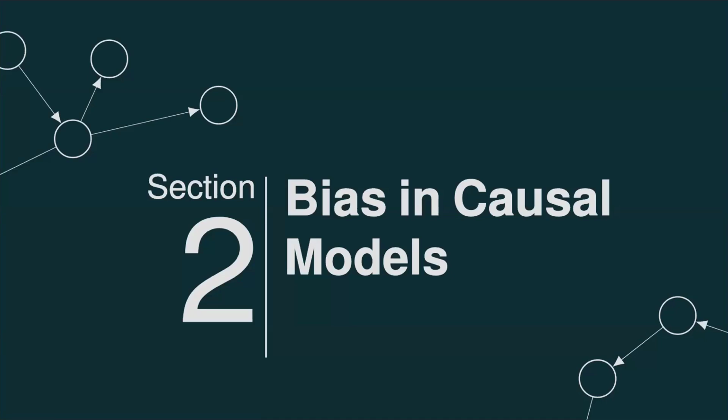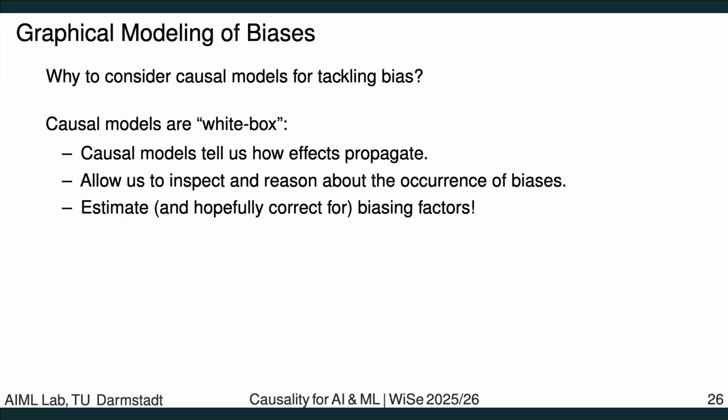Yeah. So maybe we are looking now at biases in causal models. So far, it was more of a general application thing, but we have seen graphical causal models, like structural causal models, and we have also seen how to estimate causal effects within them.